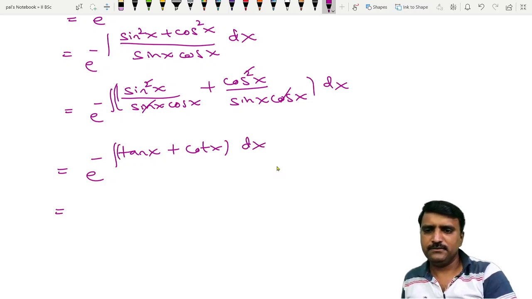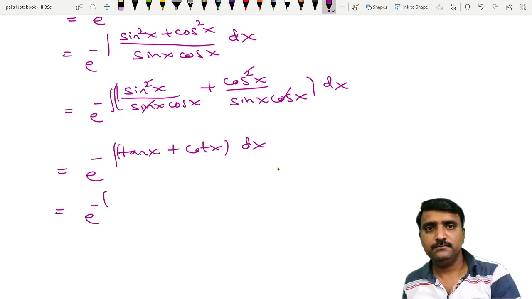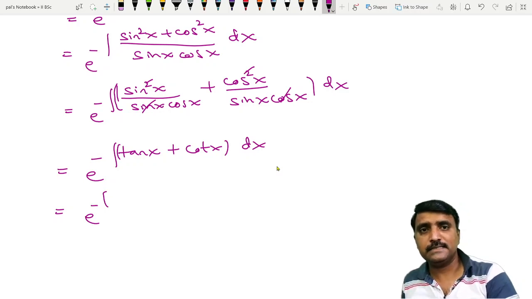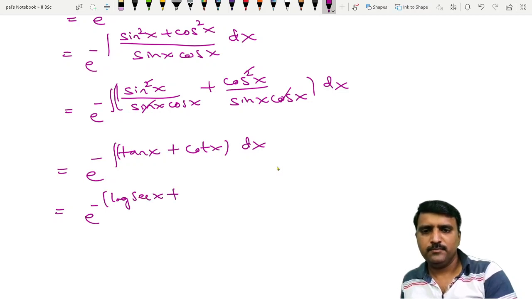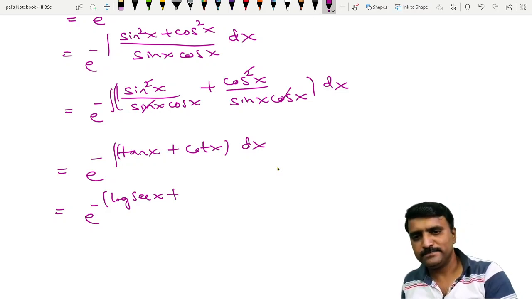Which is equal to e to the power minus, what is the integration of tan x? Integration of tan x is log secant x, plus integration of cot x, which is log sin x.